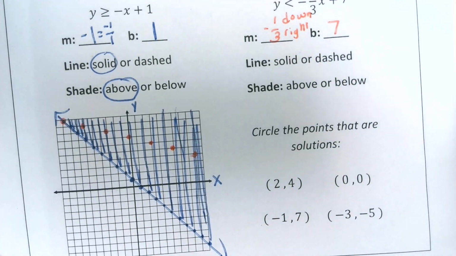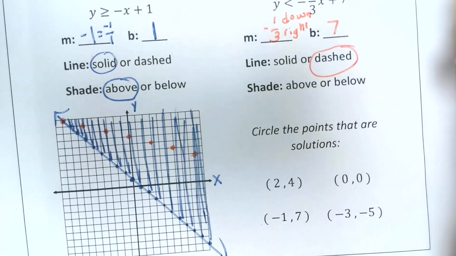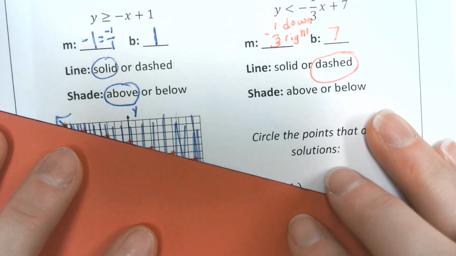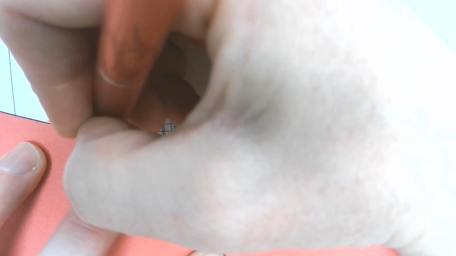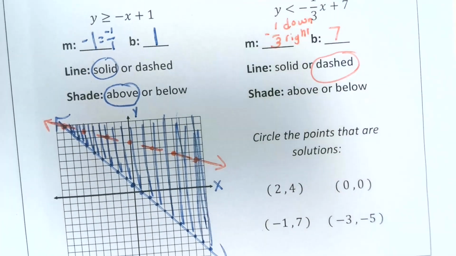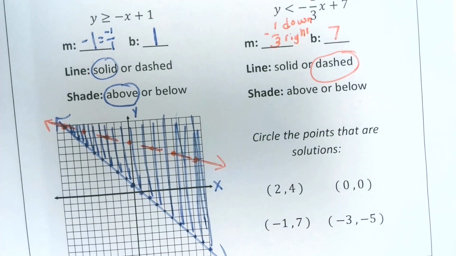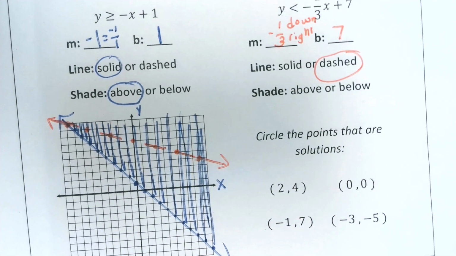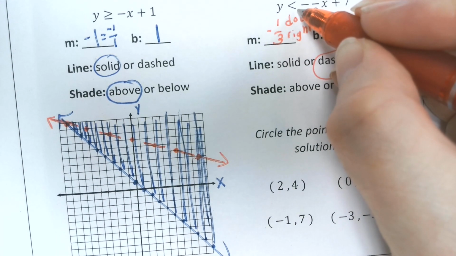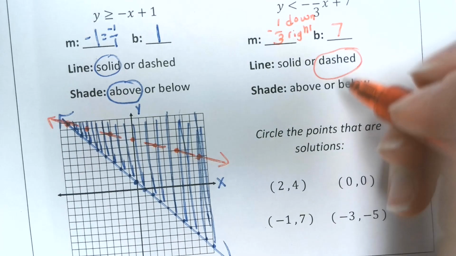What kind of line are we going to draw? Yep, it's going to be dashed. Then how are we going to shade this? What does that symbol tell us? Below.